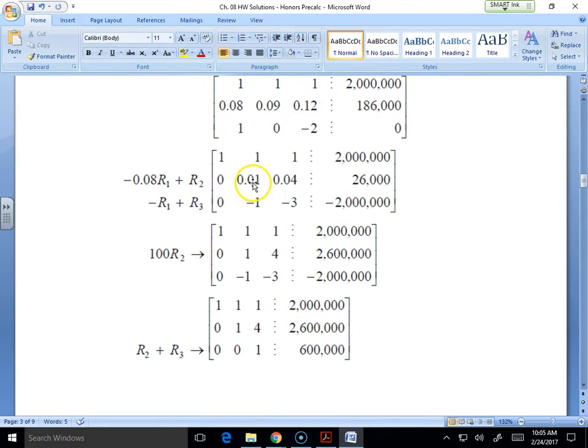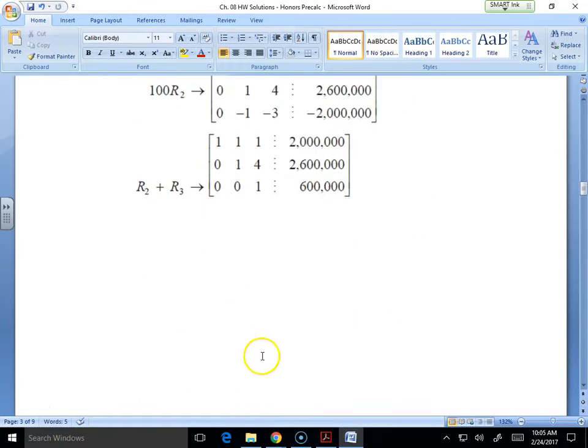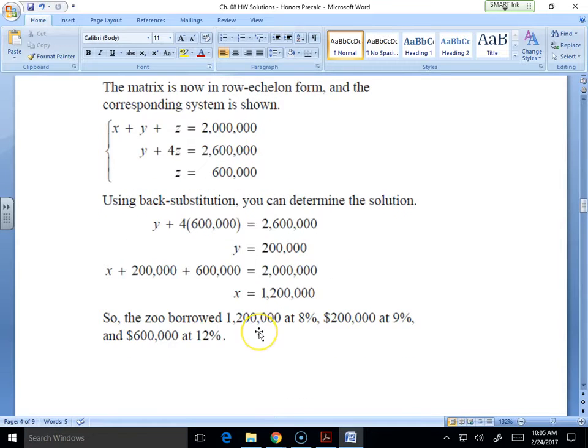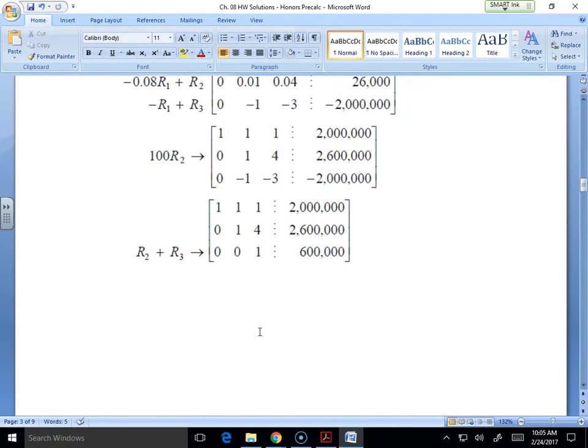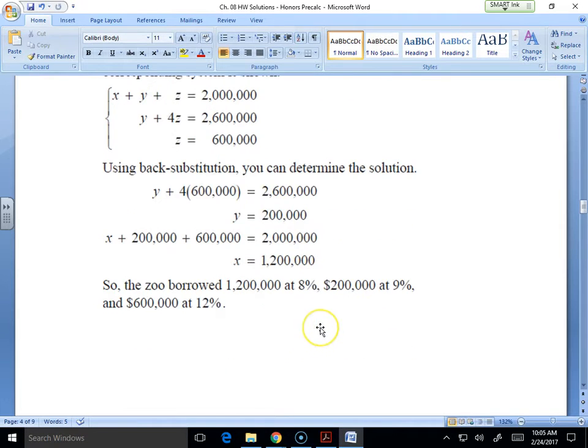They kept the decimals for a little while. That's kind of silly. I would have gotten rid of those decimals right away. Oh, they just did row echelon form? Well, I would have done reduced row echelon form and had an answer. Lame sauce. They did row echelon form, set it up, and did back substitution.